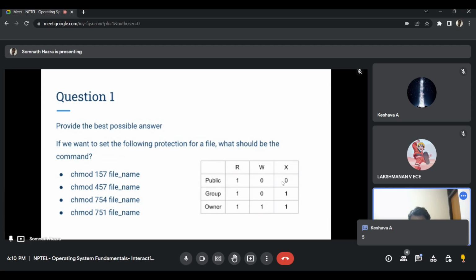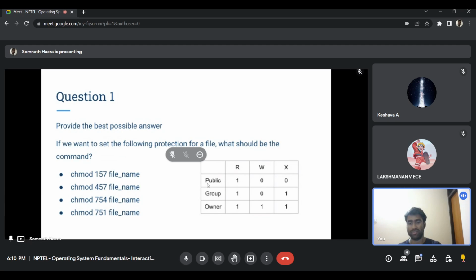Okay, so what you need to use as a command is chmod, along with these decimal indications, to set the permissions for various stages of the file. Okay, and then you need to specify the file name, of course. So in this case, the owner permissions come first, then the group permission, and then the public permission. So what will be the numbers for this particular sequence?